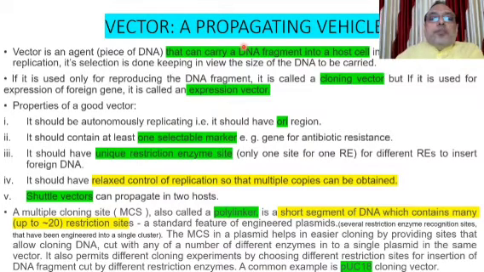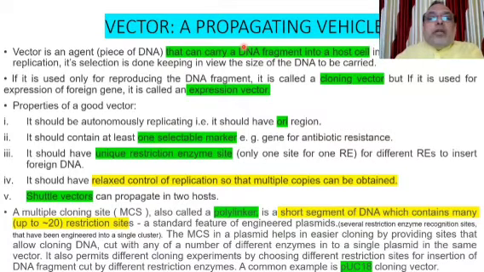So a vector is a propagation vehicle of the DNA in which we are interested, of which we are trying to form multiple copies. So the stretch of DNA of our choice should be propagated by these vectors. So these vectors act as vehicles.